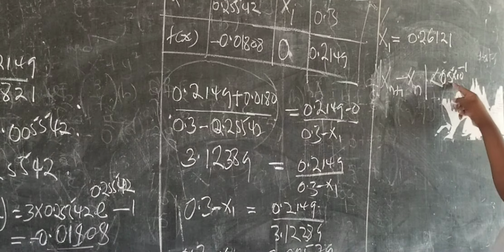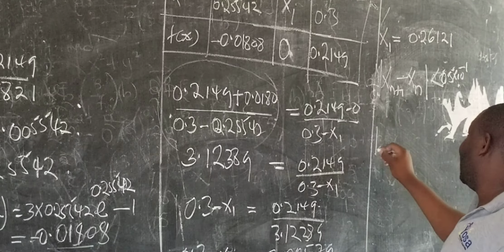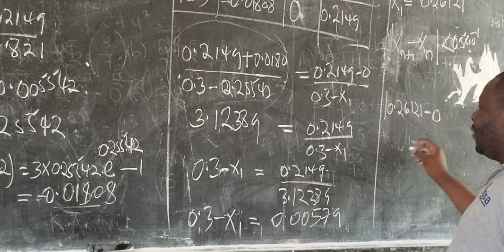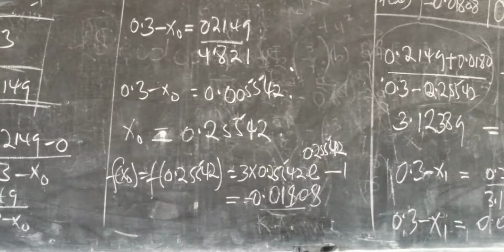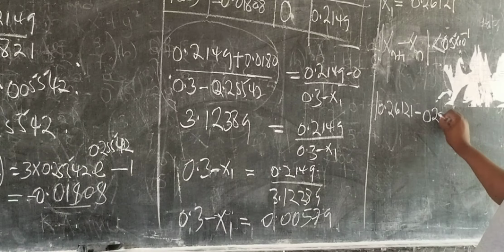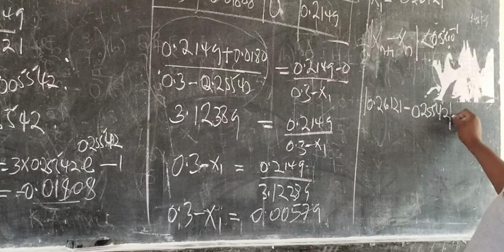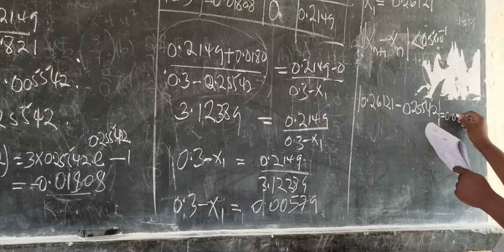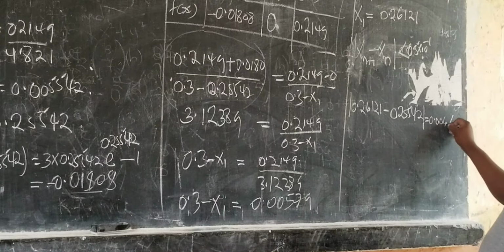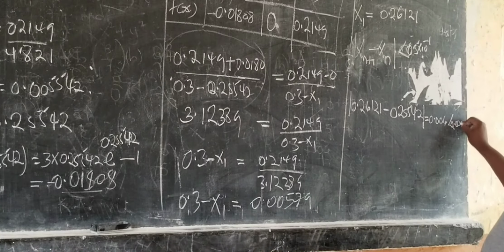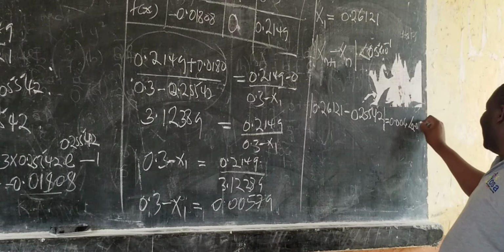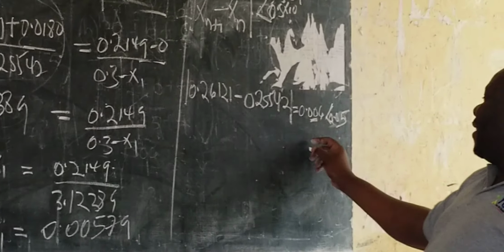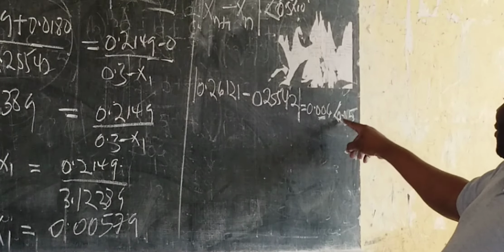So when you subtract those two values, 0.26121 minus our x naught, which is 0.25542, the answer here was 0.006, and this is less than 0.05.